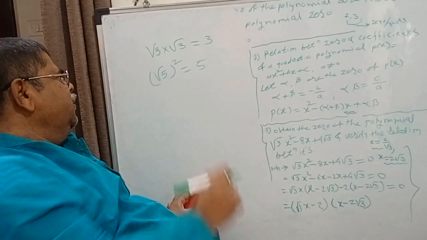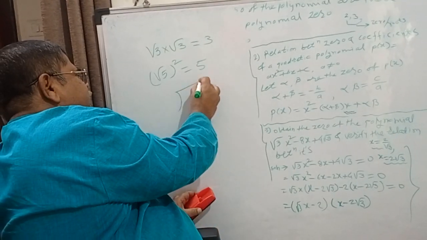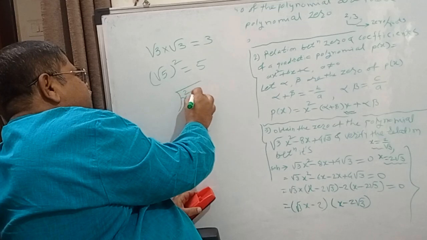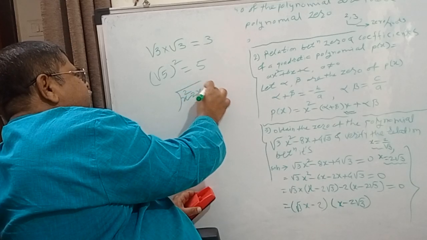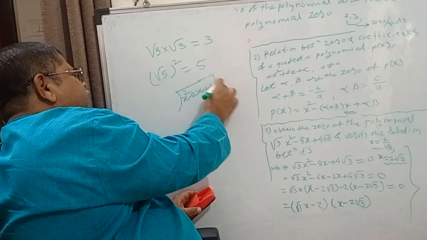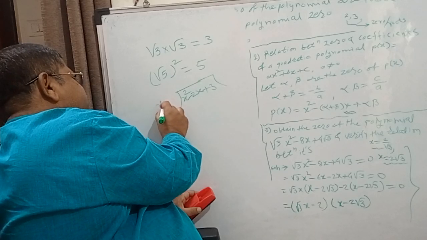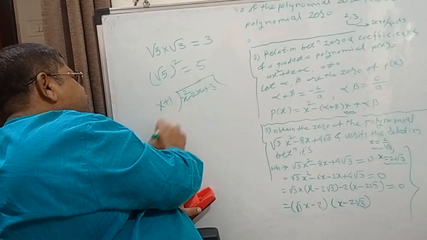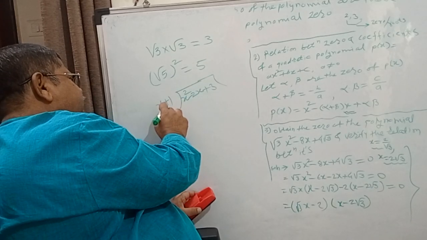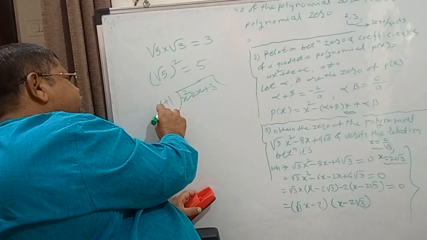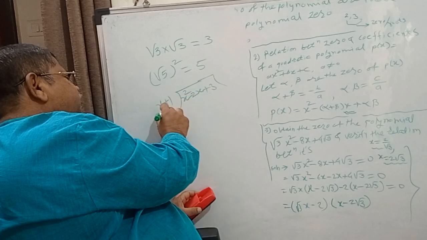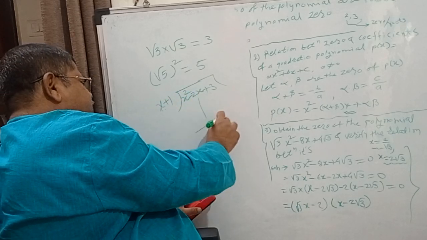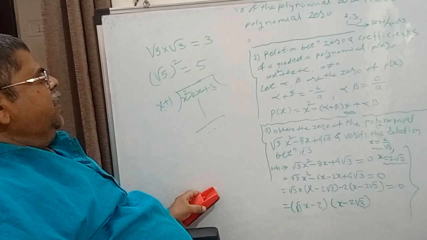Okay. We know x square minus 2x plus 3 divided by x plus 1. If we divide by this, we get the quotient and remainder.